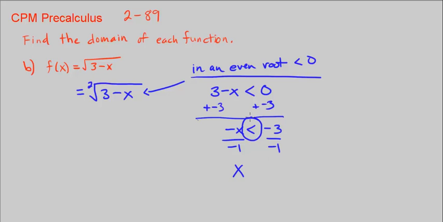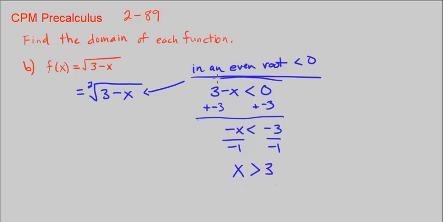And remember, when you have an inequality and you multiply or divide by a negative, you have to switch the sign direction. So instead of less than, it's now greater than. And negative 3 divided by negative 1 is positive 3. Okay? So this tells us our domain has to be where x is greater than 3.